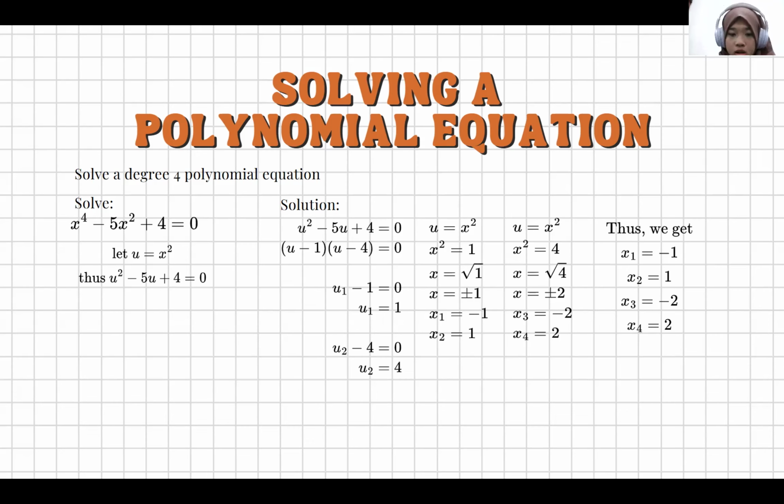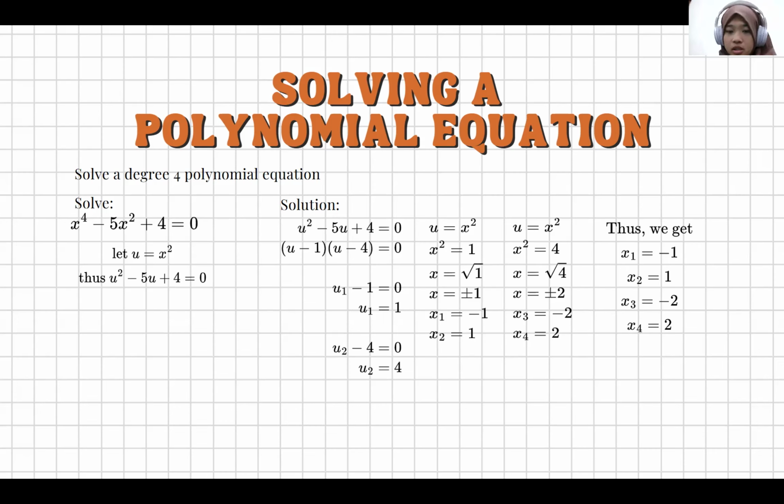So the first factor, u minus 1, is equal to 0. So we get u is equal to 1. The second factor is u minus 4 is equal to 0. So we get u is equal to 4.